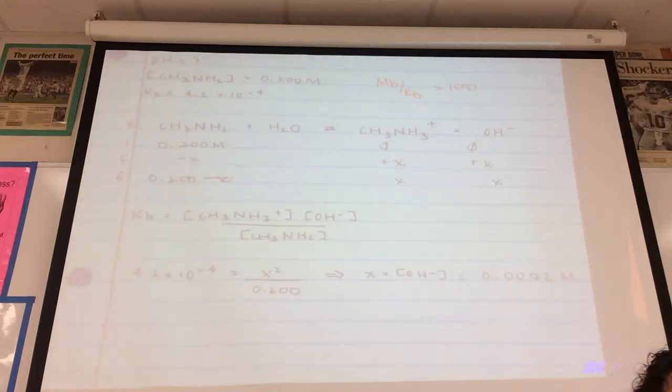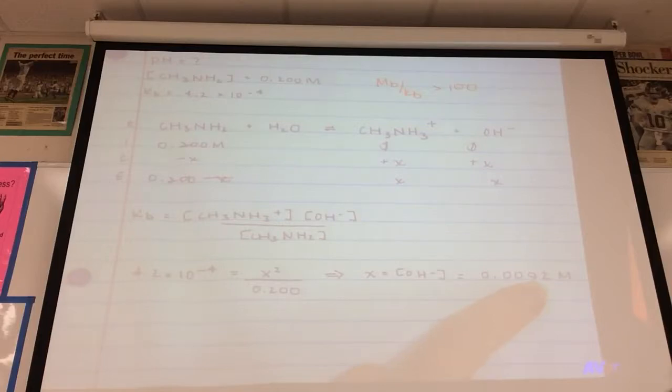Do you square root both sides? I usually multiply this and then take the square root of that. It's easier for me. Do you know what to round it to? The Kb was given in 2 sigs, so I stayed in 2. If you were in 3, it'd be all right.